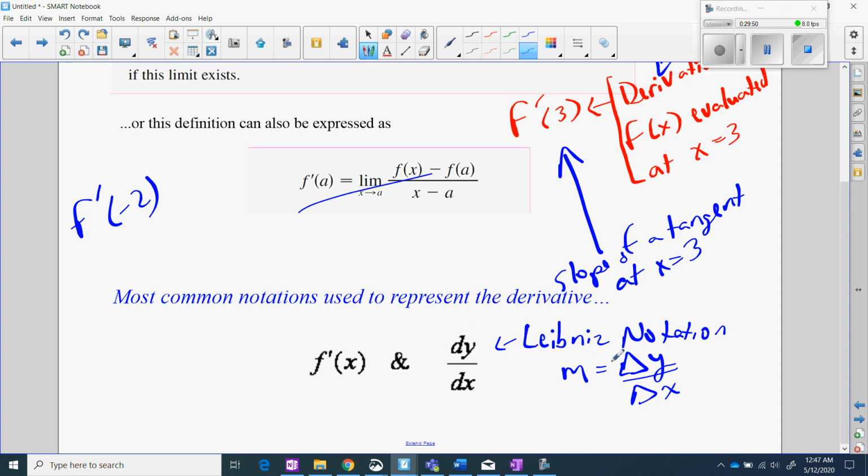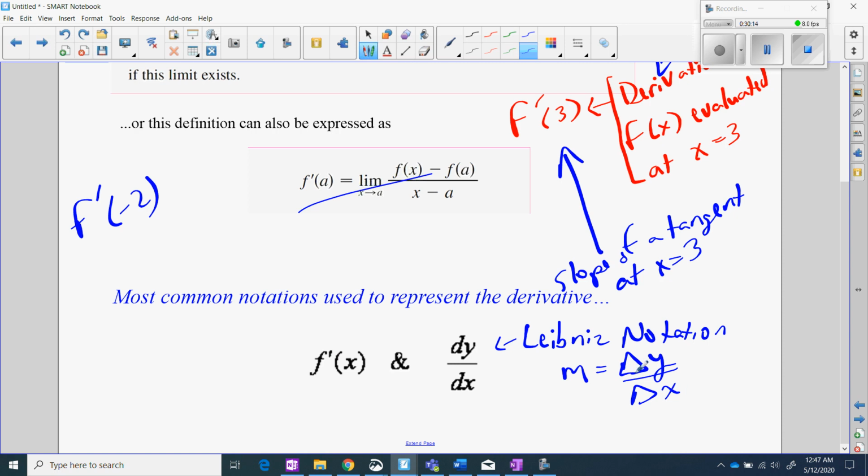As I always tell students, I wasn't there when they came up with this notation. However, I'll make an educated guess. The reason it's dy over dx is because derivatives represent slopes, and slopes are represented by a change in y over a change in x.